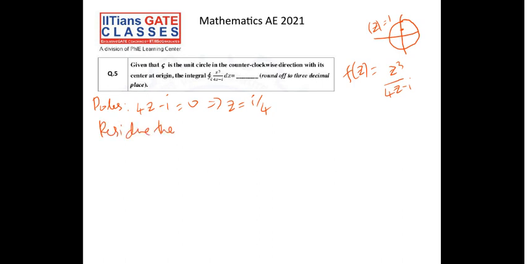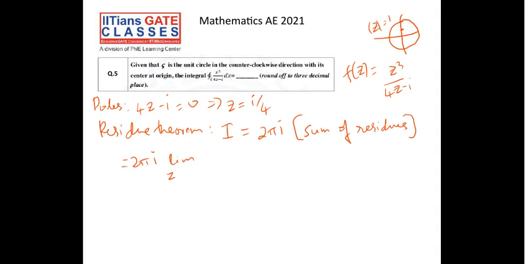So to evaluate the integral, we use the residue theorem. From here, we get the value of the integral. Let's call it I. It has 2 pi I into sum of residues. So we get 2 pi I into limit as z tends to I by 4.